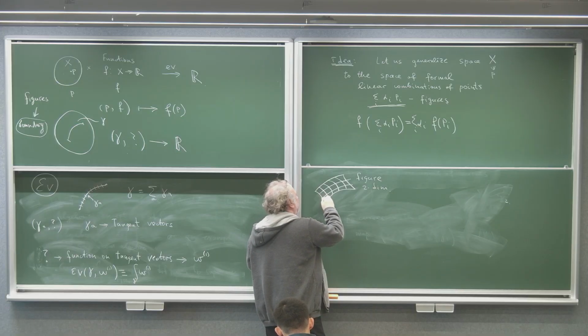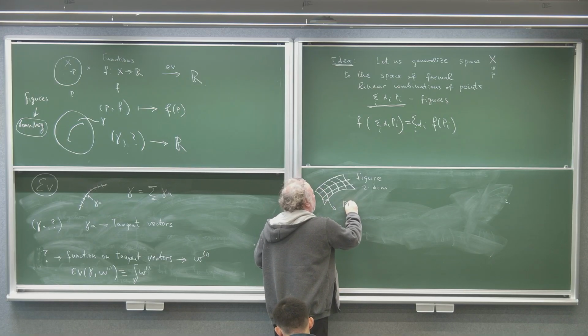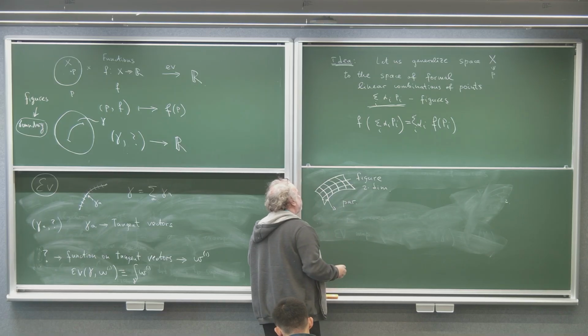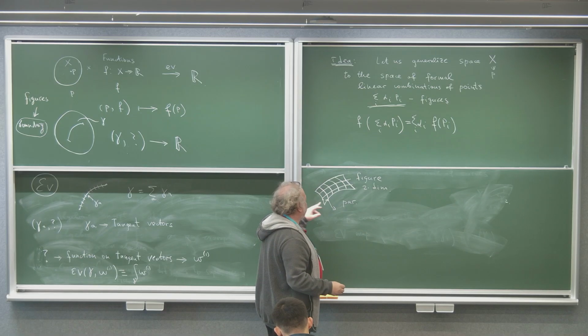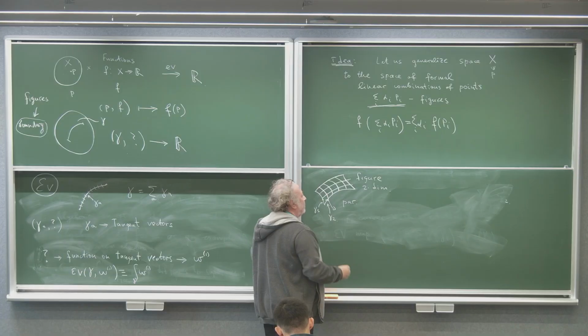From this smaller piece, we say that it is something like parallelogram formed on the vectors gamma 1, gamma 2.